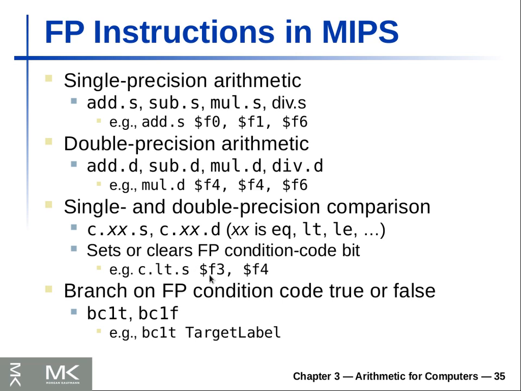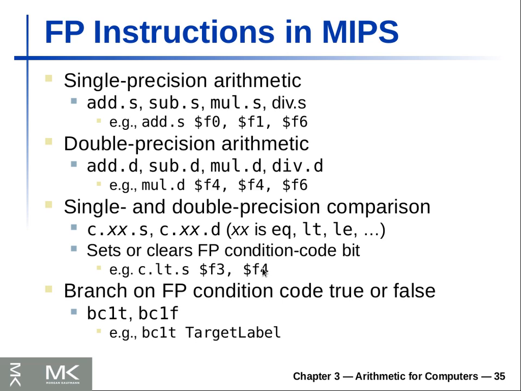And then you can do compares if you wish. You can do equivalence, less than or equal. It's just c.le.s. So this is doing a less than or equal test of single precision floating point numbers F3 and F4. It's saying that if the value stored in F3 is less than F4, then you're storing 1 in the conditional flag.